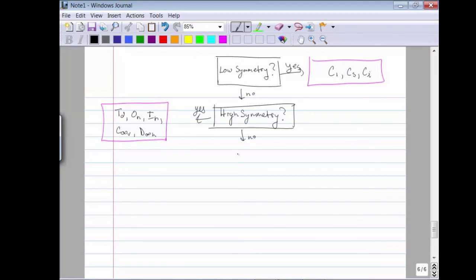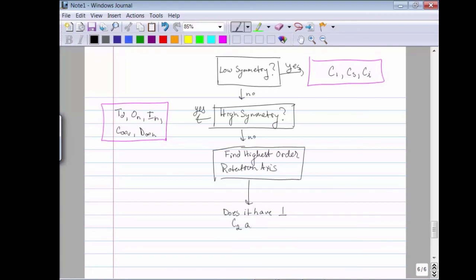If no, then you find the highest order rotation axis. And then you ask yourself, does it have a perpendicular C2 axis? So perpendicular C2 axis, one that is perpendicular to the highest order axis.